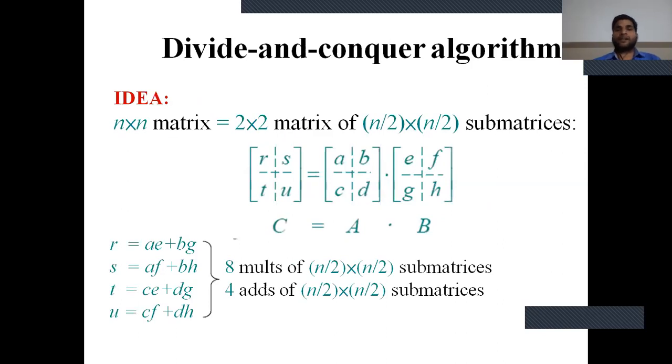This standard matrix multiplication can be solved with the help of a divide and conquer algorithm. Suppose an n cross n matrix is given, a 2 cross 2 matrix.